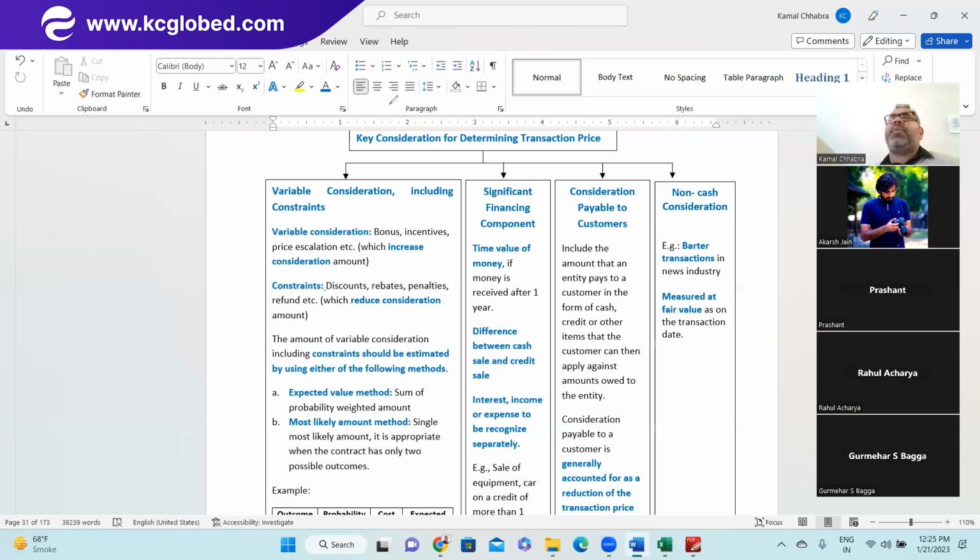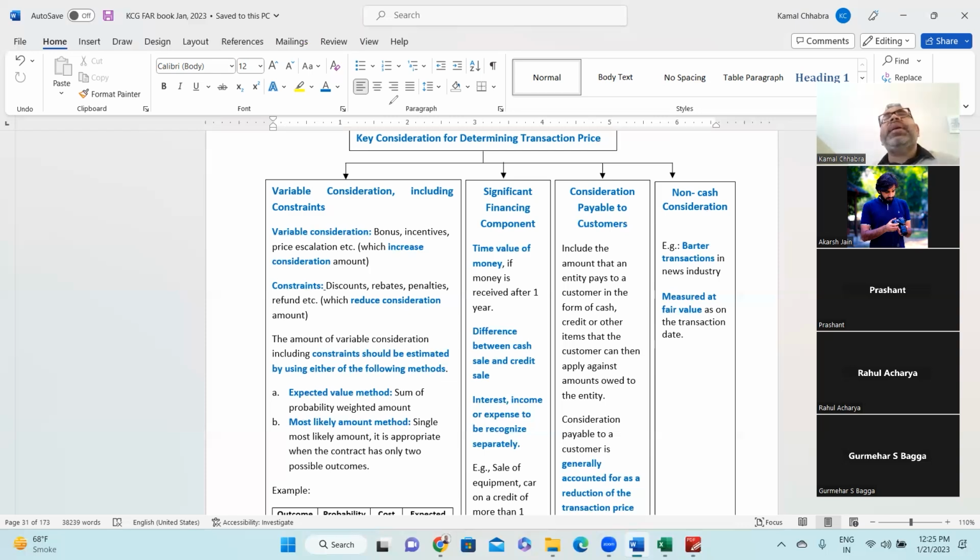So 15 days probably may not be significant. Significance will be the accountant's, auditor's or CPA's judgment, right? So that should be significant in the context of the transaction.